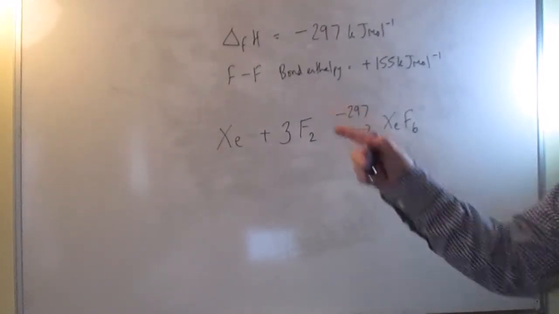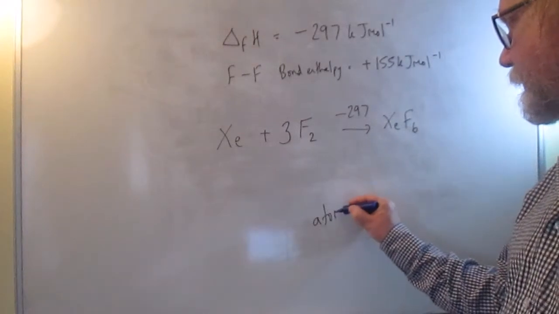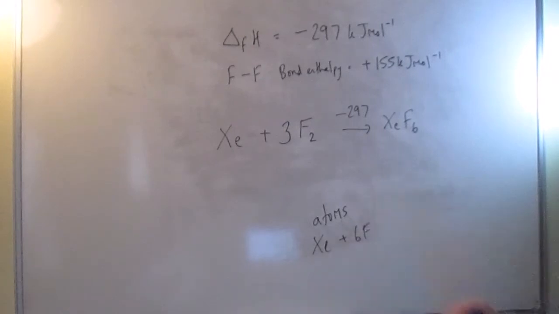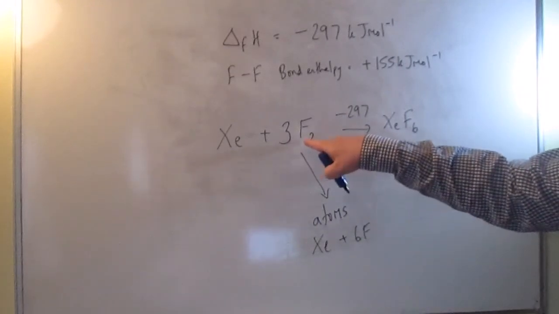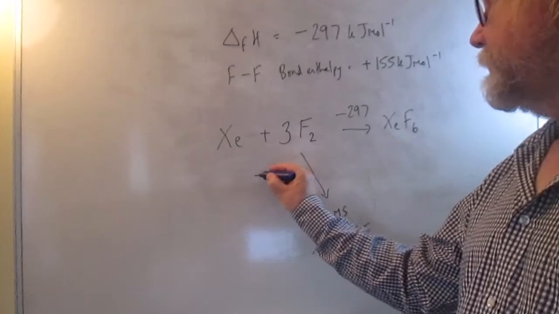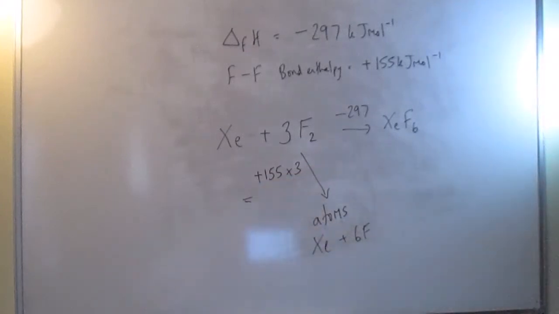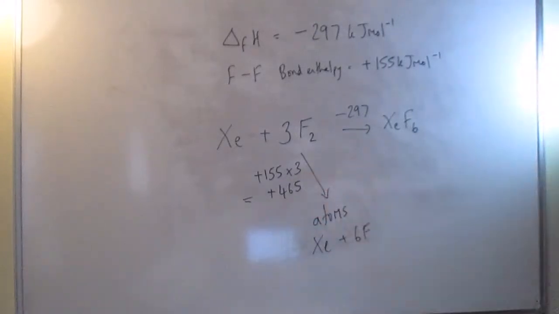So what this is telling us is that if we put atoms of the elements down here, in other words Xe plus 6F atoms, plus 155 is the change when you break 1 mole of F2 molecules up into atoms, so breaking 1 mole of FF bonds, but we need to break 3 of them, so this will be plus 155 times 3 to go in that direction, which is plus 465 going in that direction.